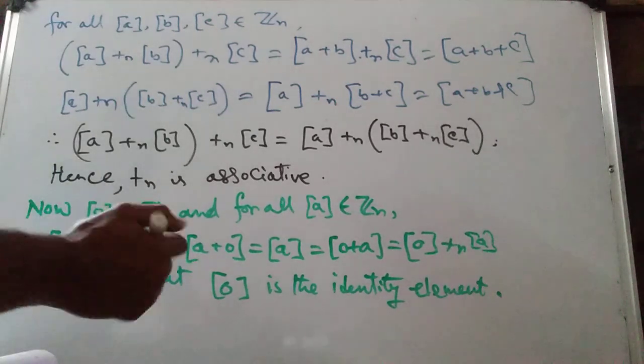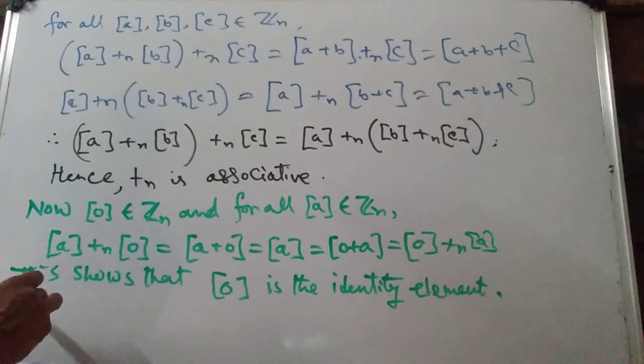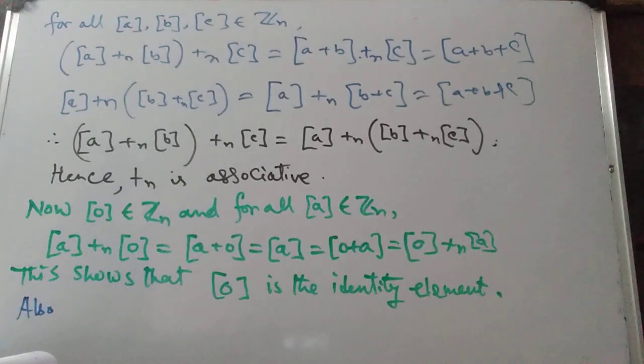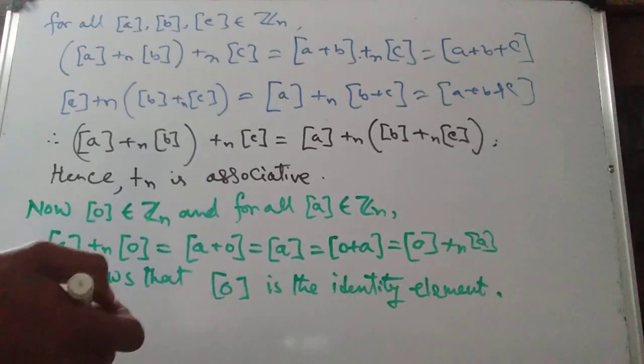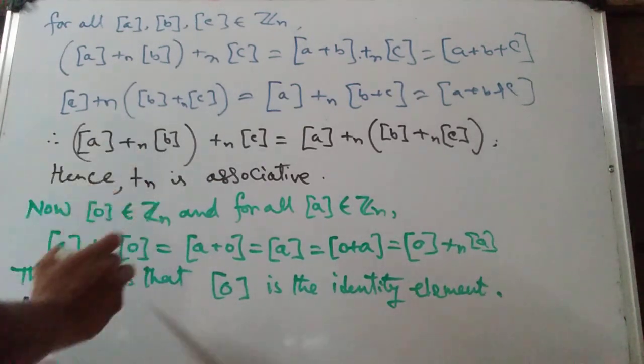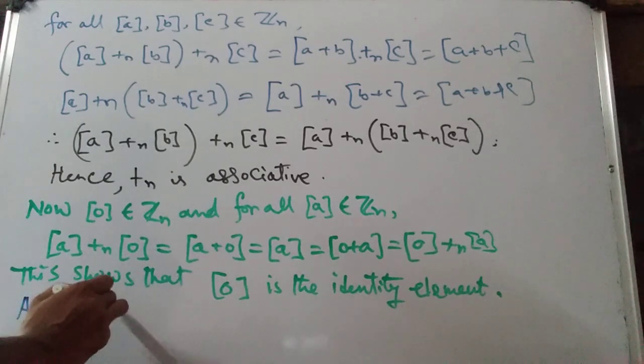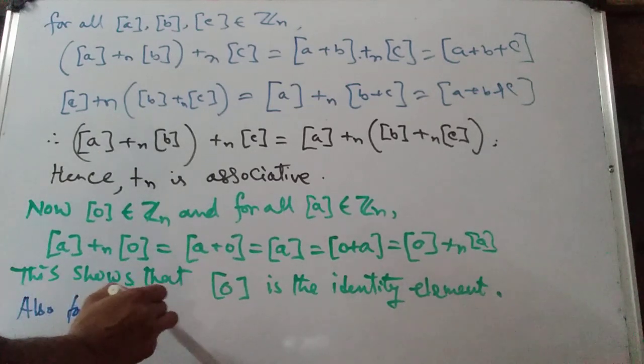So how do we do this? We also write it in this way, for all class A belongs to Zn.